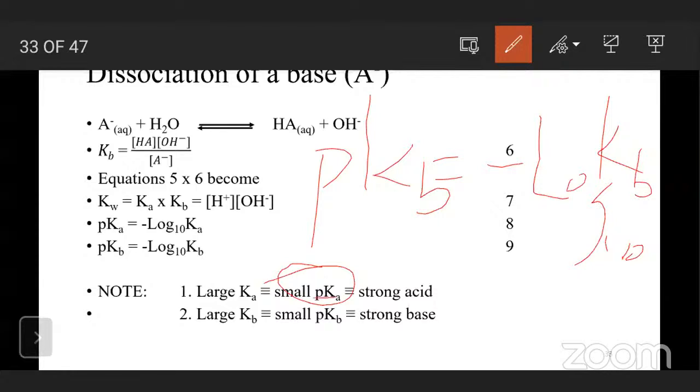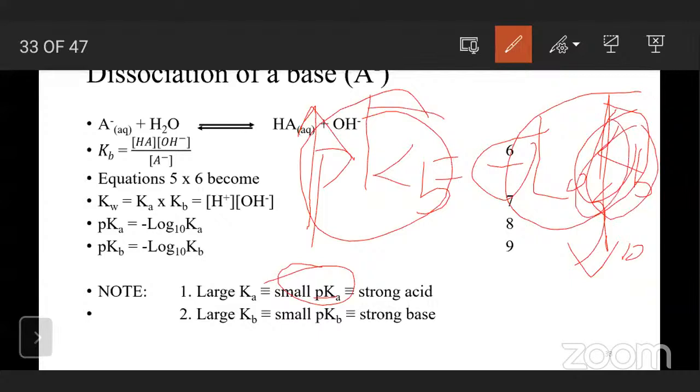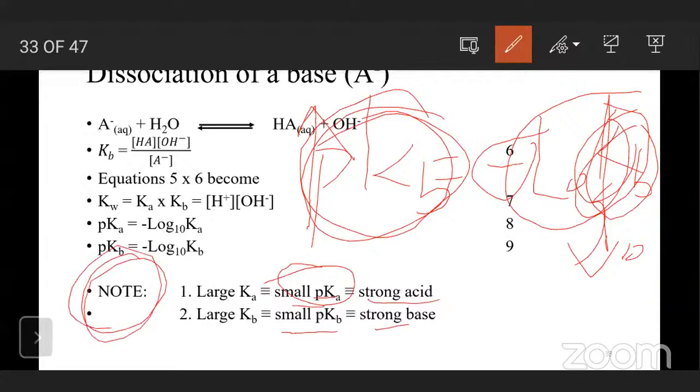Then looking at this, our pKa and pKb, as they relate to the log of Ka and Kb, you will see a negative sign in between them, which suggests to us that if pKb is increasing, it means our Kb is actually small. And if we have large Kb, then we have small pKb. So that is all we mean by this expression under this note that I wrote for you.